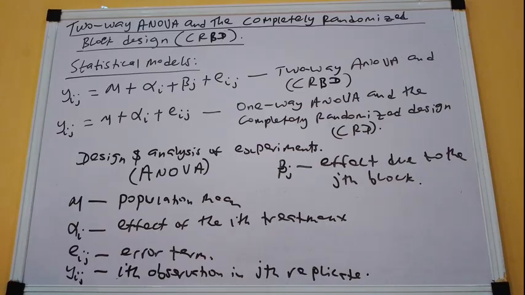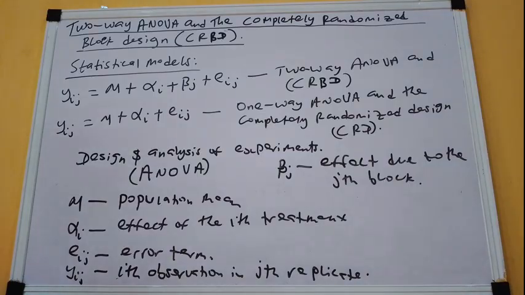And this variability can be estimated as a separate source of variation, the sum of squares for blocks. So the greater the variability among the blocks, the more efficient the design becomes.